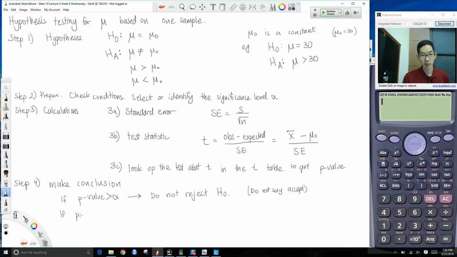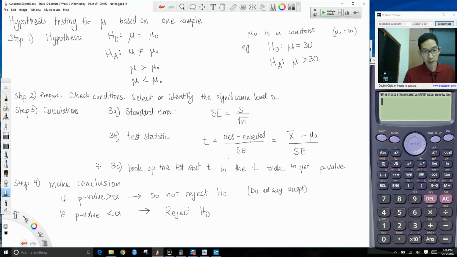And if the p-value is less than alpha, we reject the null hypothesis, okay? So the overall outline of the steps that we do, I'm hoping looks quite familiar or quite similar to what we've seen already, okay?